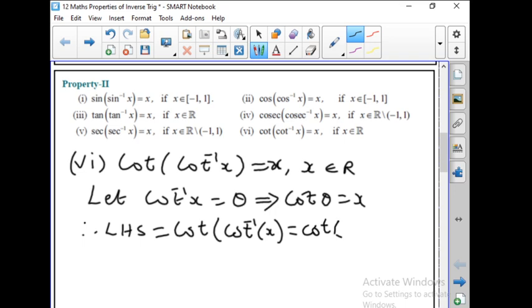Cot inverse of x is taken as theta. Therefore, we have cot theta, and cot theta is equal to x. Therefore, that gives the right hand side. So, hence proved.